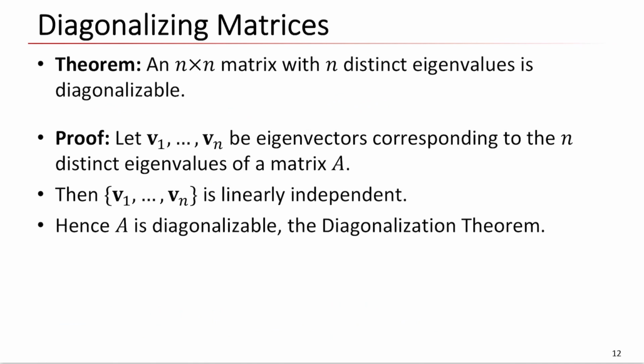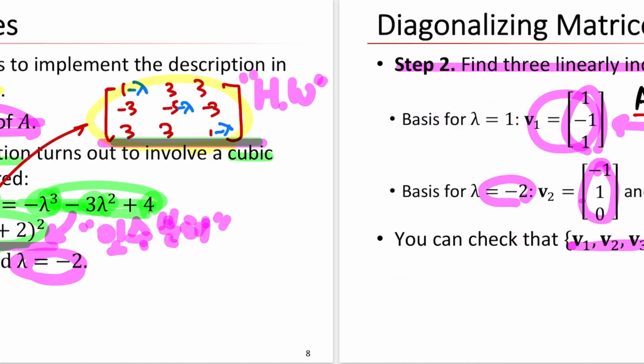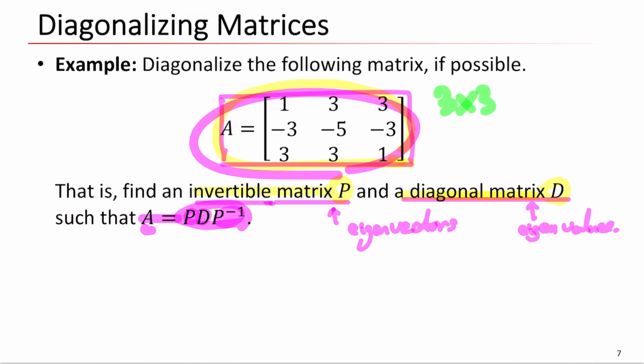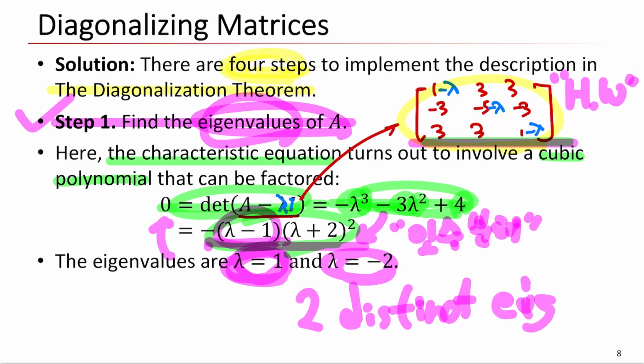So here's one more theorem. An n by n matrix with n distinct eigenvalues is diagonalizable. In this example, it was the 3 by 3 case, but there are only two distinct eigenvalues, right?